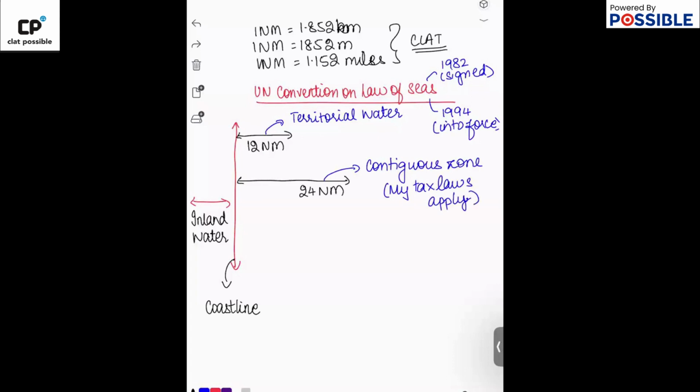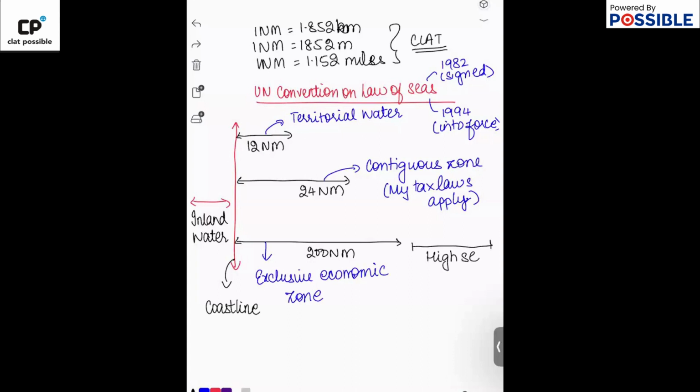And finally, up to 200 nautical miles is basically our exclusive economic zone, where my country can do economic exploitation and earn money. And anything beyond this is known as the high seas, on which this year, in 2023, the UN made a treaty called the High Seas Treaty.